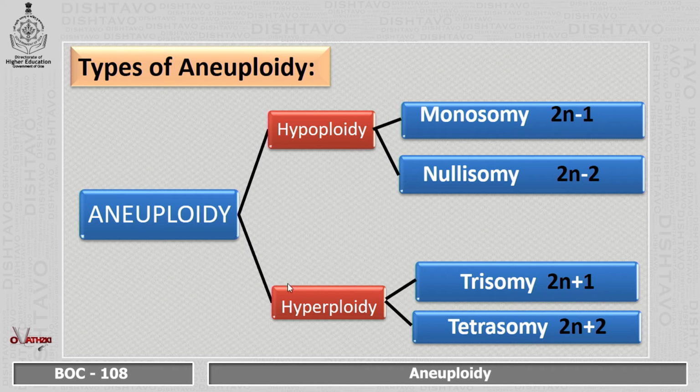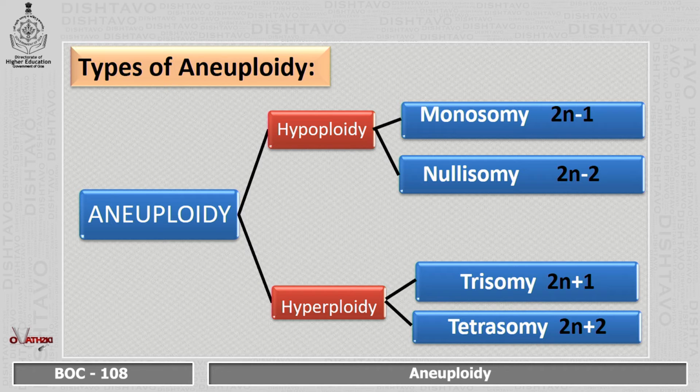Now, we go to hyperploidy. Hyperploidy means there is a gain, an extra addition of chromosome in the set. If there is one chromosome added extra, then we call it trisomy, because there are three in a pair. It should have been a pair consisting of two chromosomes, but here there is an addition of one more chromosome.